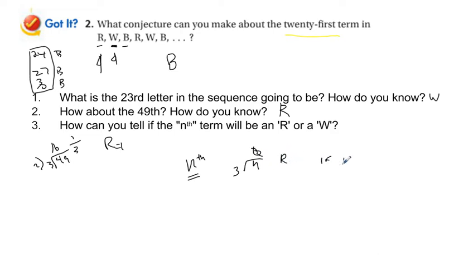If your remainder is equal to 1, then the letter is R. If the remainder is 2, then the letter is W. Okay, let's take another example.